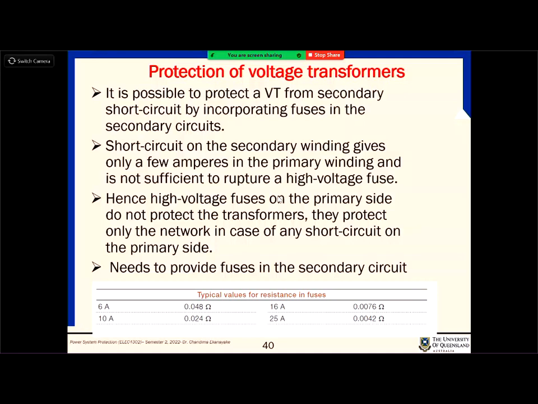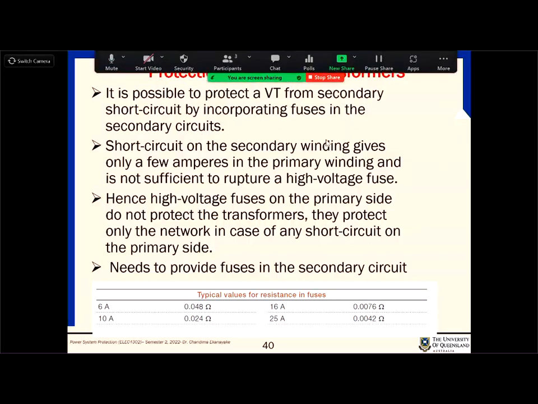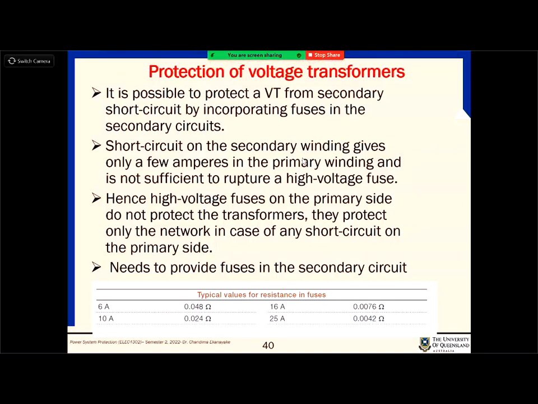So that's why you can't just put a fuse in the primary side and say that I can identify the secondary issues. No. So in a VT, that is why, because of that, usually on the secondary side you need to have a fuse.